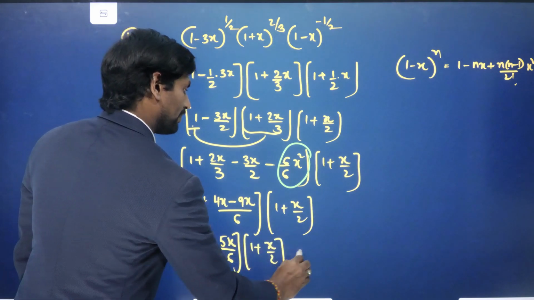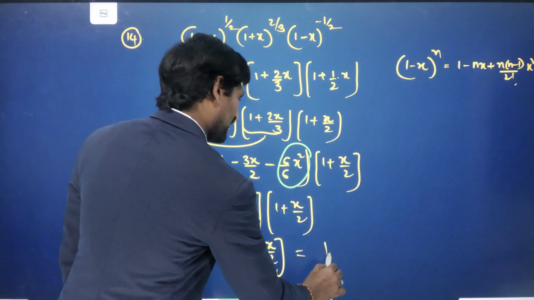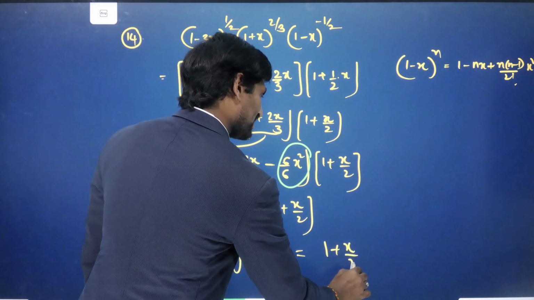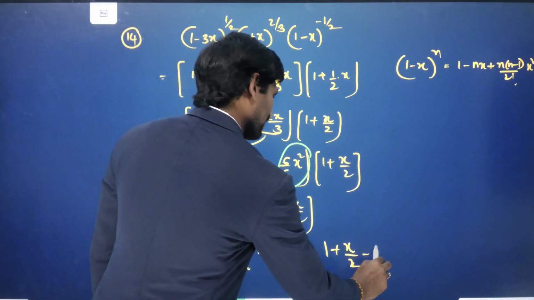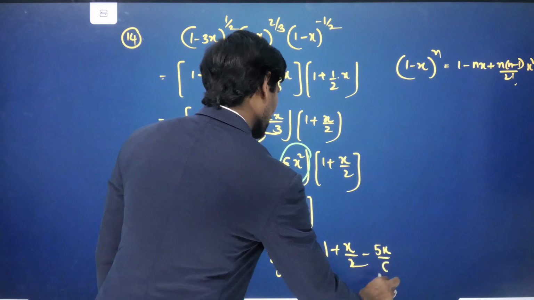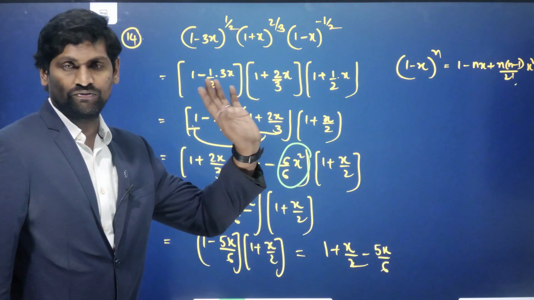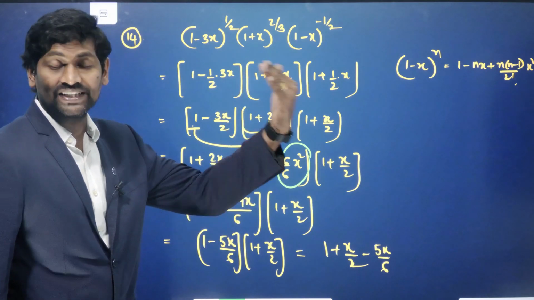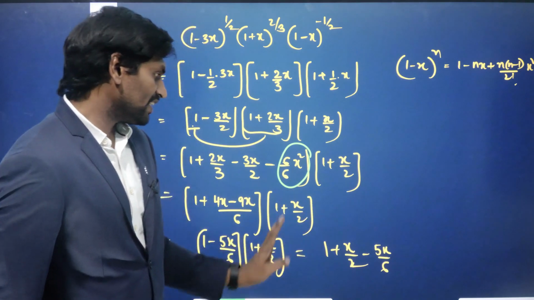Again try to multiply binomial into binomial terms. So 1 into this term, same term will come, 1 plus x by 2. Now minus 5x by 6 into 1, minus 5x by 6, and minus 5x by 6 into x into x square. Third term, fourth term I am leaving because it is x square. X square and more powers we can neglect, right? So until here is enough.